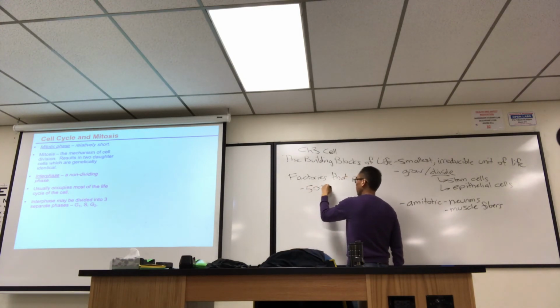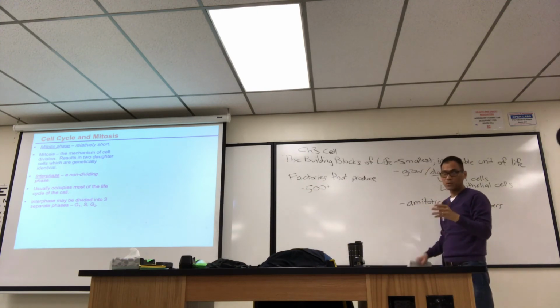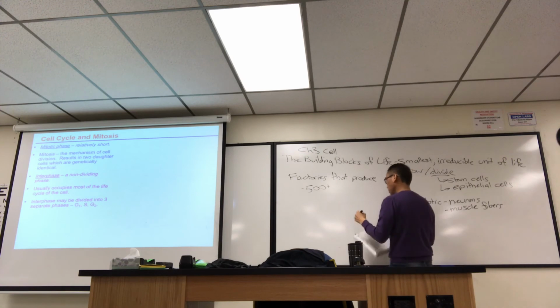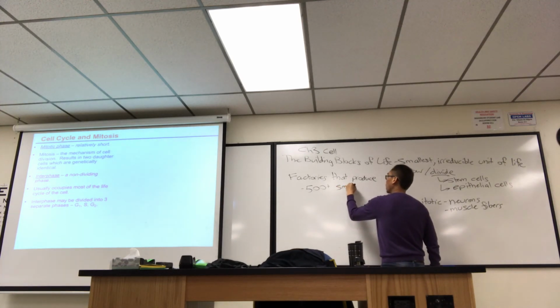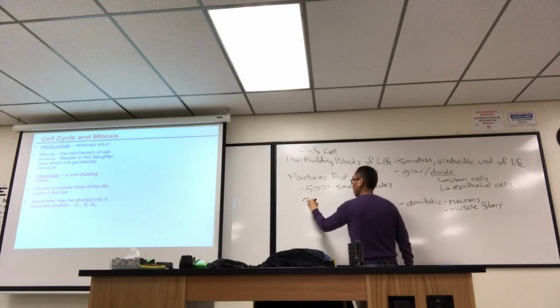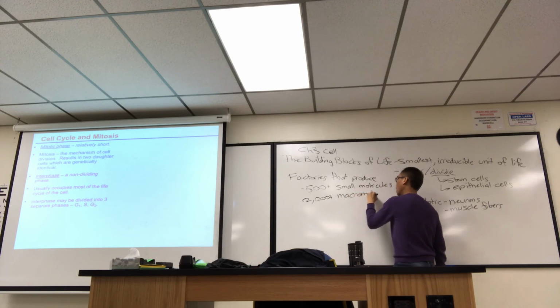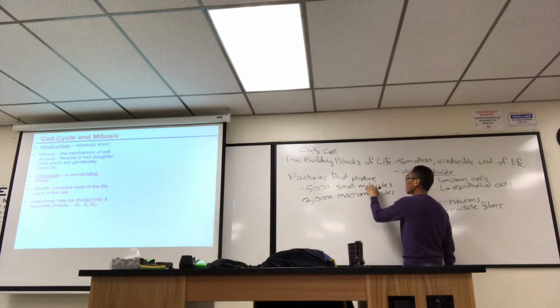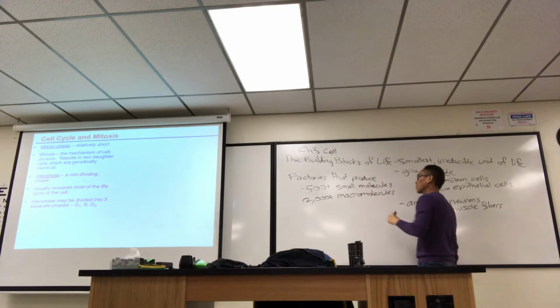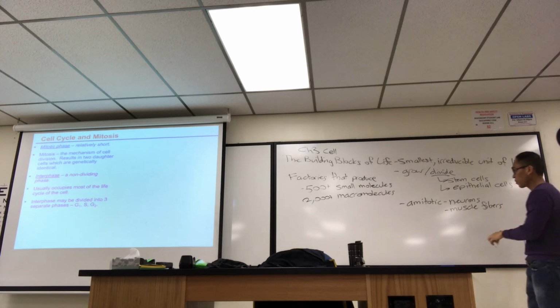Maybe something on the order of 500 plus small molecules, maybe 2,000 plus large molecules, call them macromolecules. Now, I have a little list of what makes cells unique, why they deserve their own chapter.